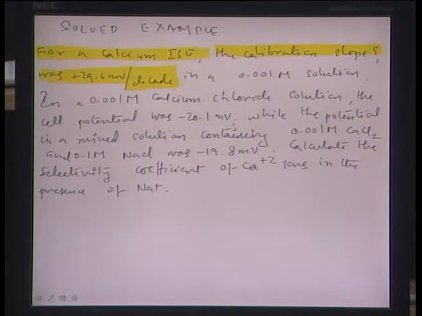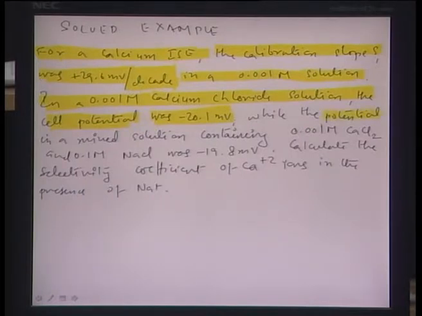So, this is the calibration slope. In a 0.001 molar calcium chloride solution, the cell potential, while measuring through the ion selective electrode, was measured to be 20.1 millivolts. Now, we mix this calcium chloride solution with NaCl or salt solution in the following ratio, and then measure the potential again.